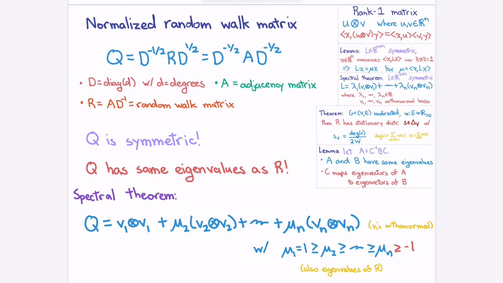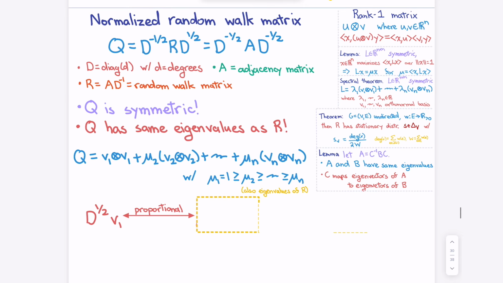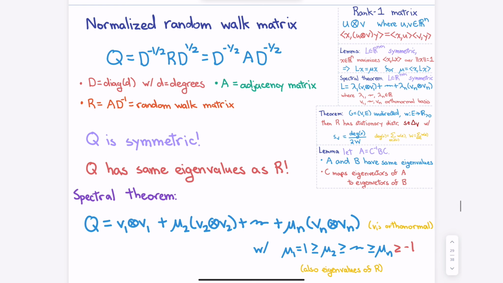So that we also already know. Because the Perron-Frobenius theorem tells us that all of the other eigenvalues are smaller in magnitude than that dominant eigenvalue, which for us is 1.